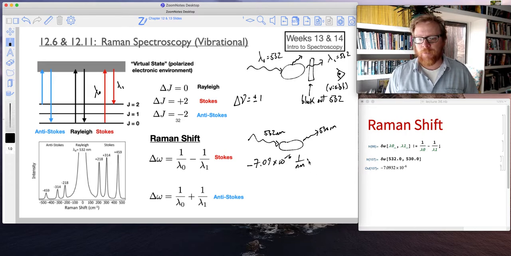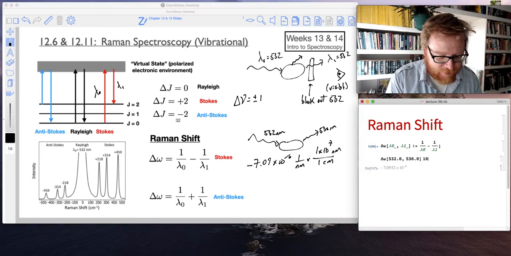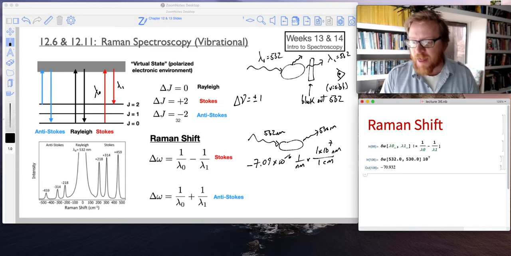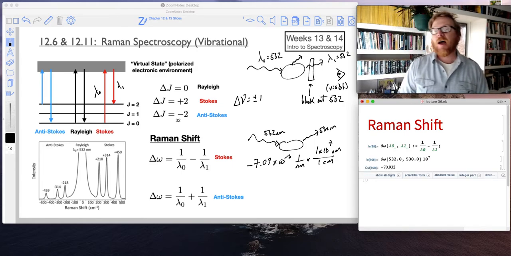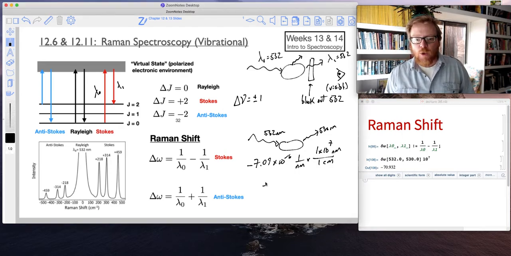Well, we know there's 1 times 10 to the 7 nanometers in 1 centimeter, right? So if I multiply this by a factor of 10 to the 7, that's going to put that in units of wave numbers, okay?